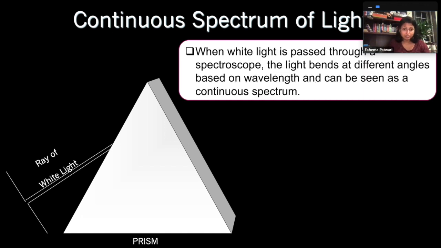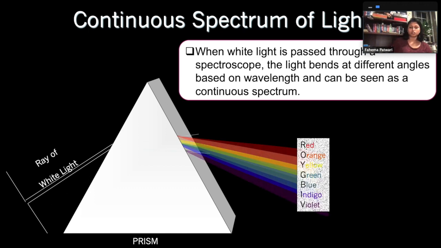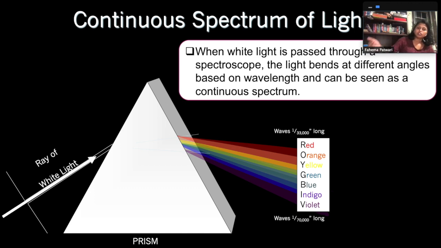The light bends, and then you can see a continuous spectrum of colors. We see white light is not actually just white, it's red, orange, yellow, green, blue, indigo, violet. The same thing happens when you see a rainbow, right? The droplets in the air will bend light enough that it'll spread out and you can see this.